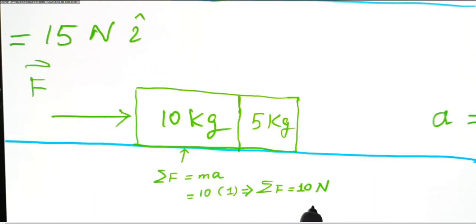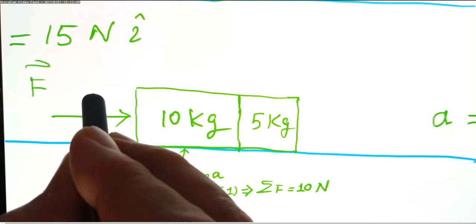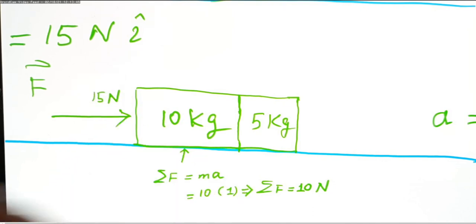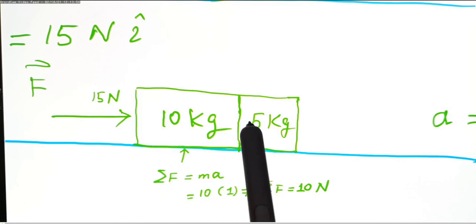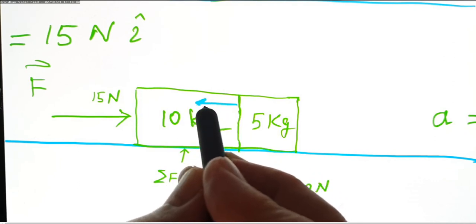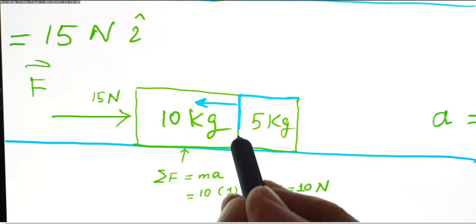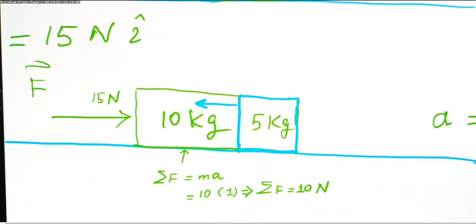The net force is 10 Newton, but I am applying 15 Newton, and the net force is 10. So that means I must have 5 Newton coming from the blue piece of mass.